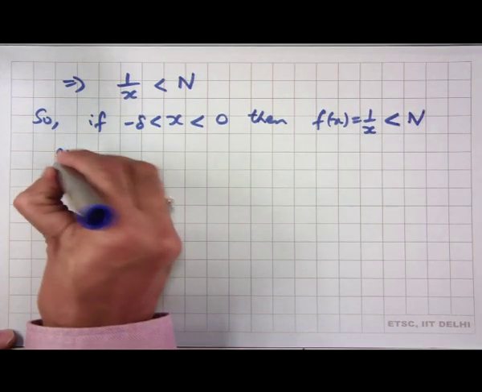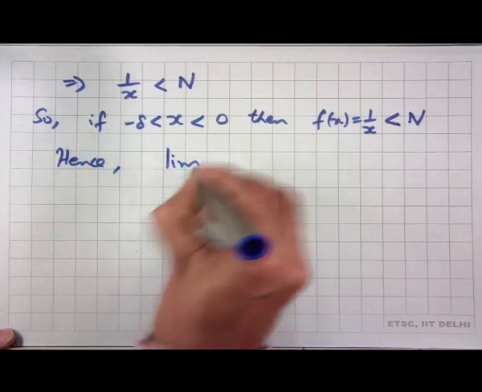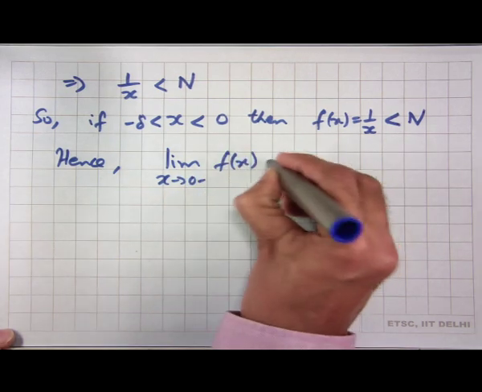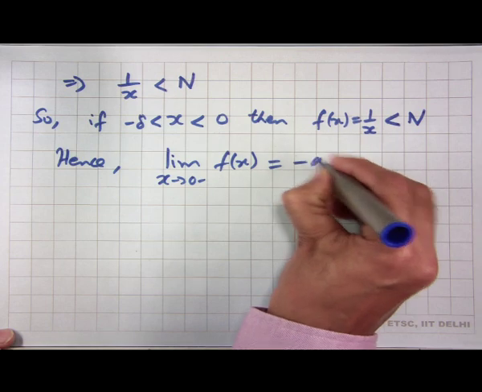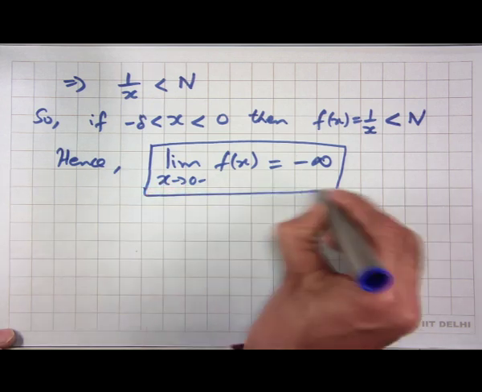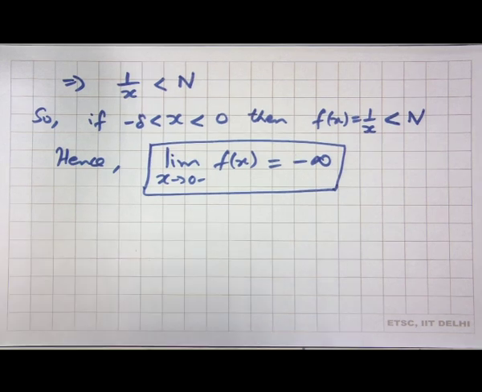Hence, the left hand limit of f of x is equal to minus infinity. Okay, so now we have seen what we mean by the limit of a function to be positive infinity or negative infinity.